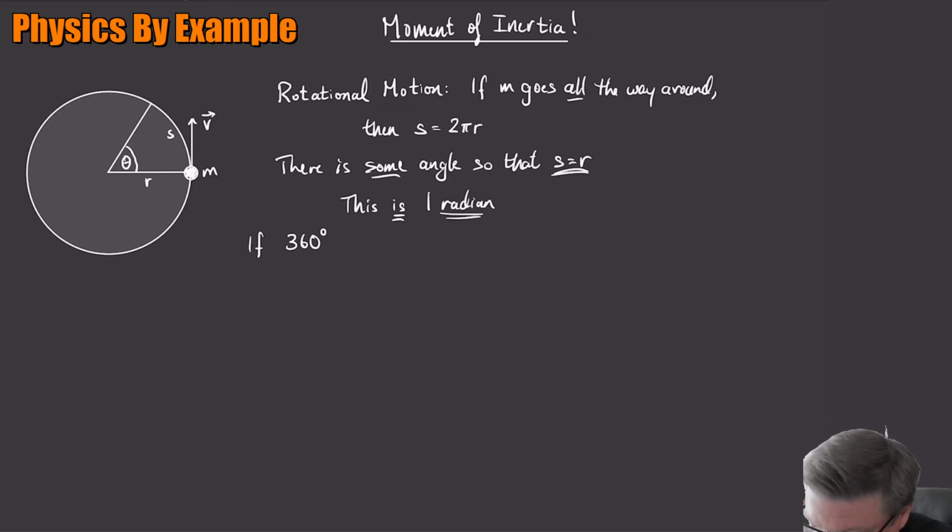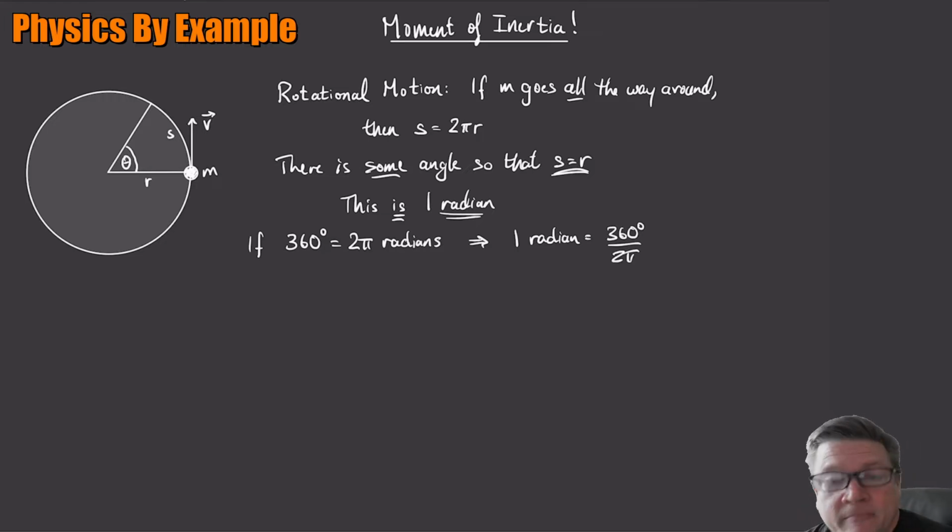If 360 degrees equals 2 pi radians, then that implies that 1 radian, I'll just divide, is 360 degrees over 2 pi. So that's 180 degrees over pi.